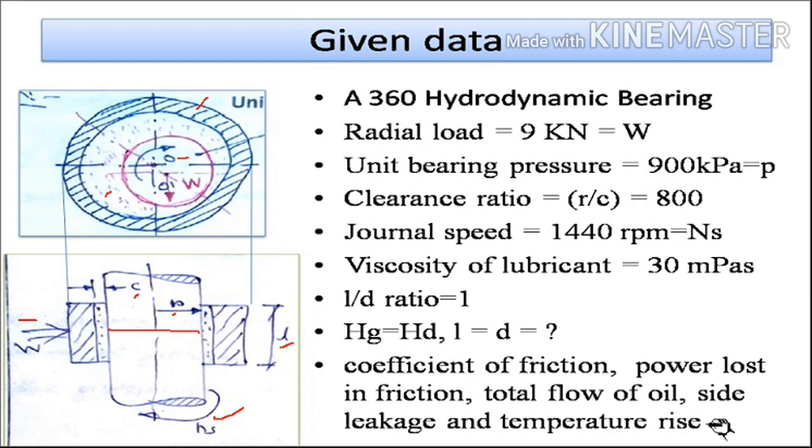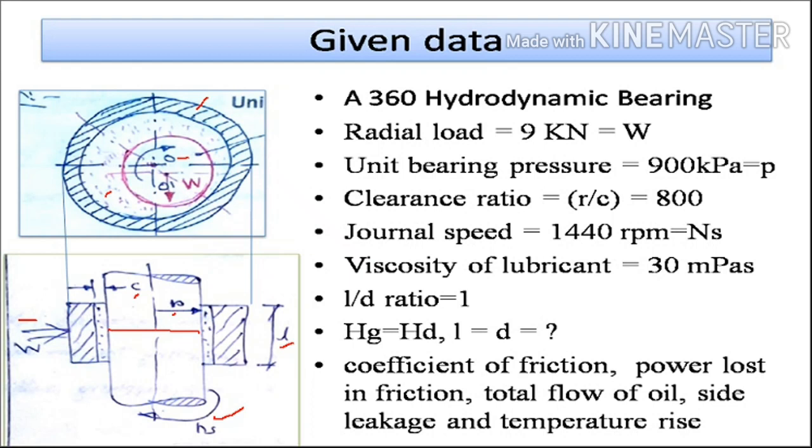So to get the solution of this bearing, definitely we know that in the sliding contact bearing, or the journal bearing, or the hydrodynamic bearing, the Reynolds equation plays an important role. So the performance parameters can be determined by using the Reynolds equation.